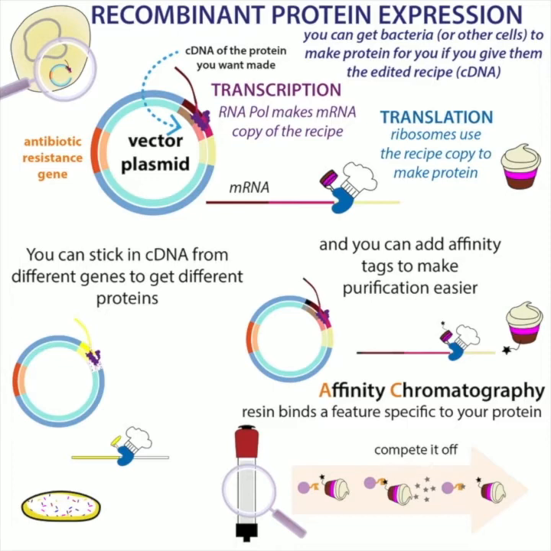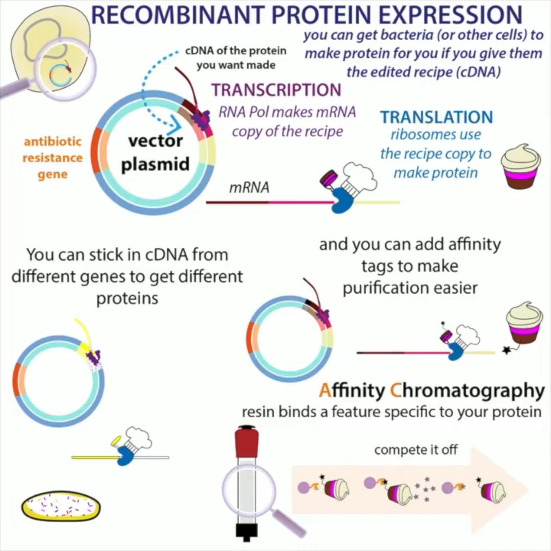You can stick in different cDNAs to get different proteins, and you're controlling the gene, so you can stick extra bits on it, like some extra amino acids, extra protein letters on the end, which will serve as a tag to allow you to grab the protein out more easily with affinity chromatography. Chromatography is where you send a protein mixture traveling through a column filled with little beads called resin, and these beads have different properties that separate the proteins based on the protein's properties, like charge, size, or presence of a tag, that sort of thing.